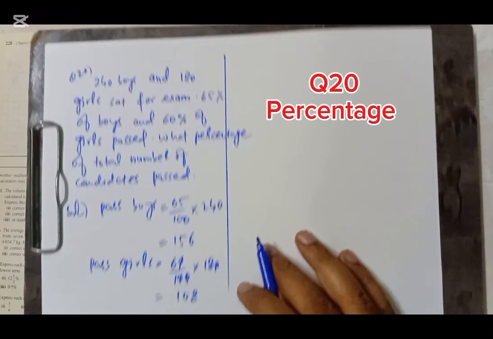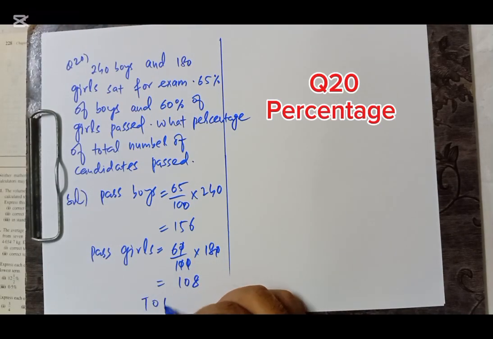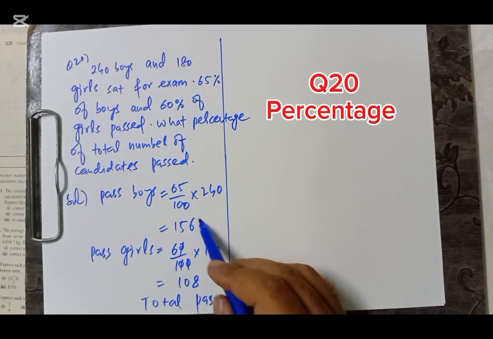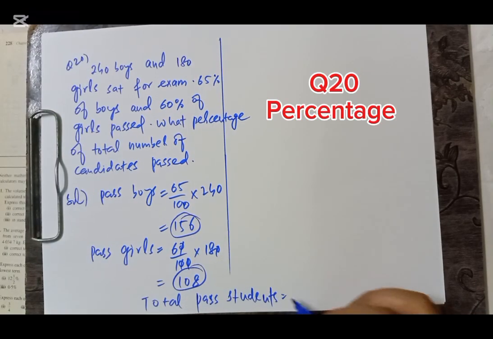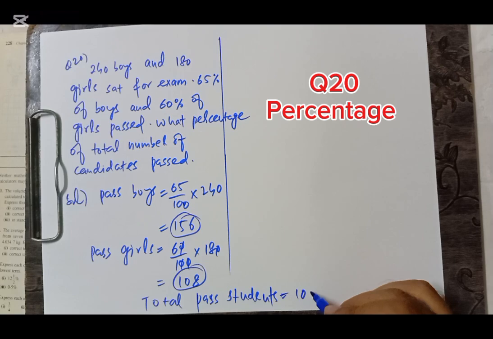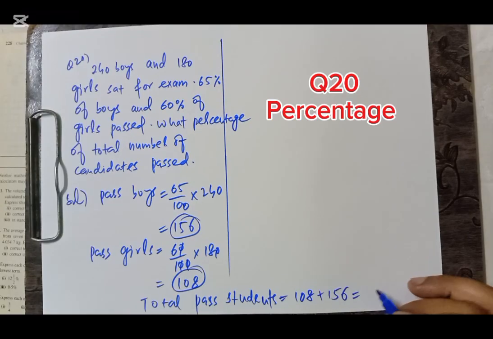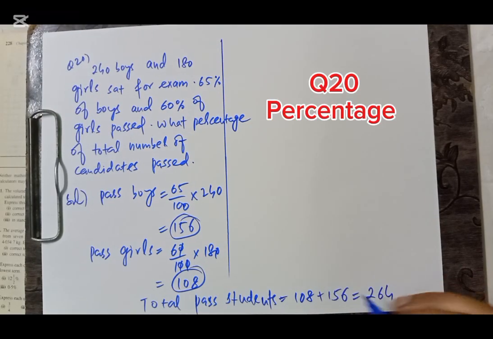So total pass students, 156 plus 108, which is equal to 264.